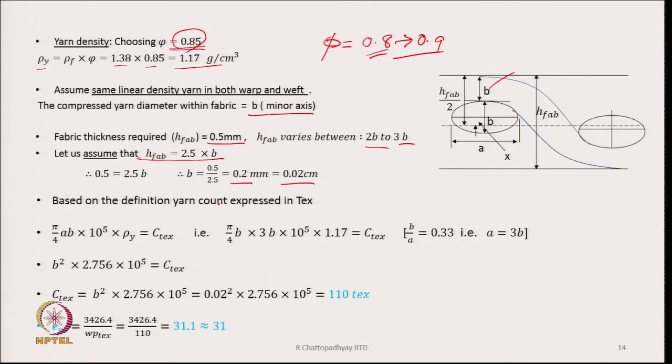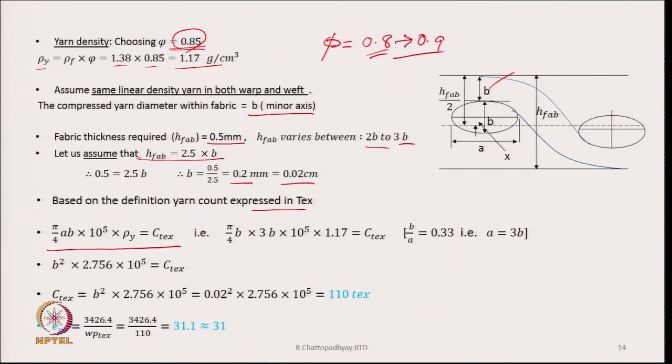Now, based on the definition of yarn count expressed in tex, we can write pi by 4 AB, because it is the ellipse now within the fabric. So, pi by 4 into AB into 10 to the power 5 into rho y is going to be the tex value of the yarn, the count of yarn in tex.